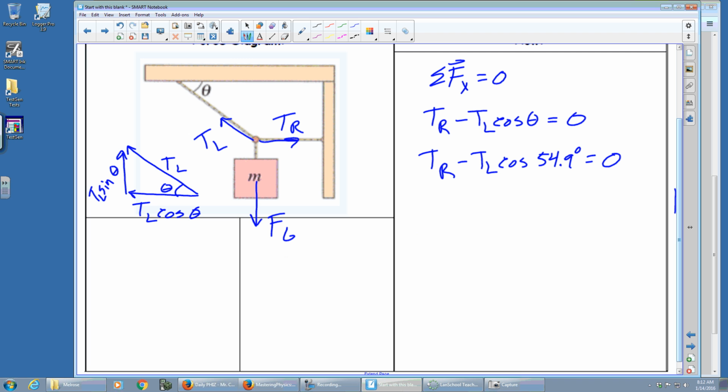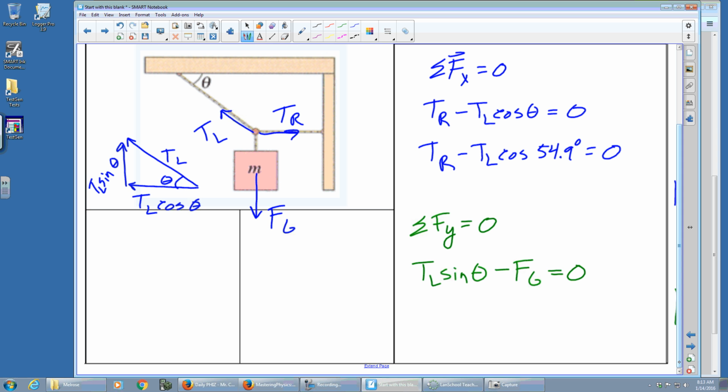From my Y direction, let's see if I can make a little more progress. And let's see, I have TL sine theta minus F sub G equals 0. Oh, okay, so TL sine 54.9 degrees equals mg.